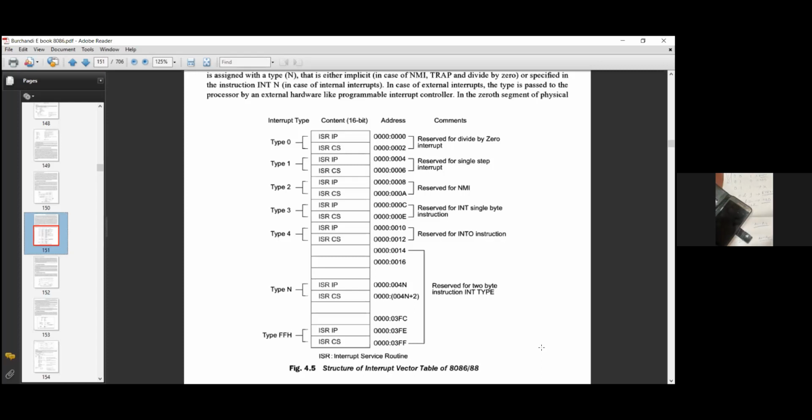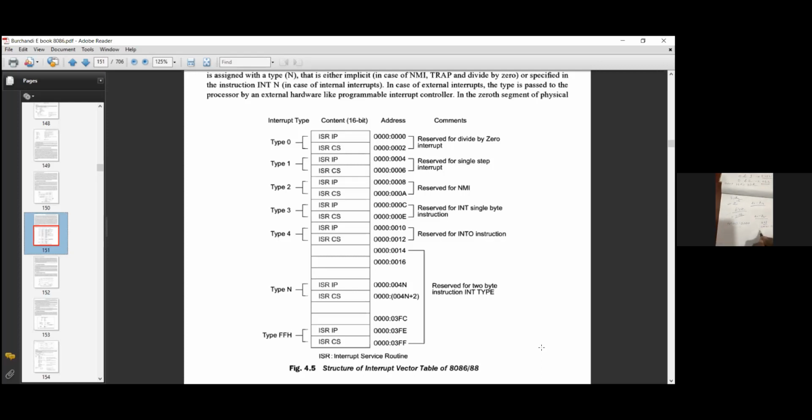The starting location is 00000. 4N, where N means the type. If type 0, what will happen? 4 into 0, what will be the result? 0, that's why 00000.